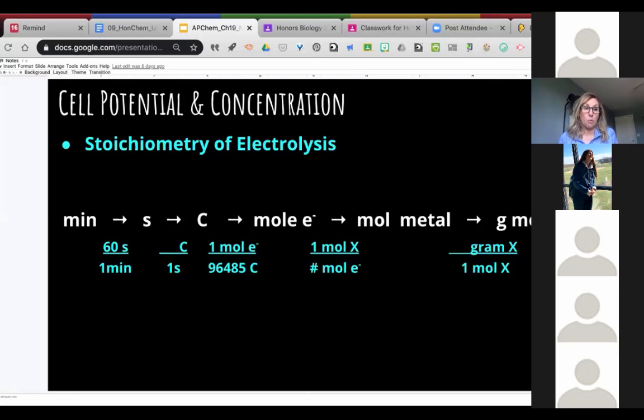So what you would want to find out is how many minutes you have to run this in order to get a certain amount of grams of metal deposited onto that particular electrode.